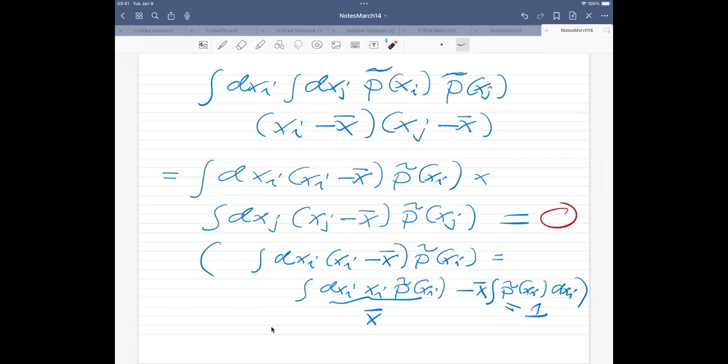If you have variables which are not independent, then this number is not zero. The larger the number, the stronger the correlations. Some of you are probably familiar with the correlation matrix and the covariance in machine learning analysis.